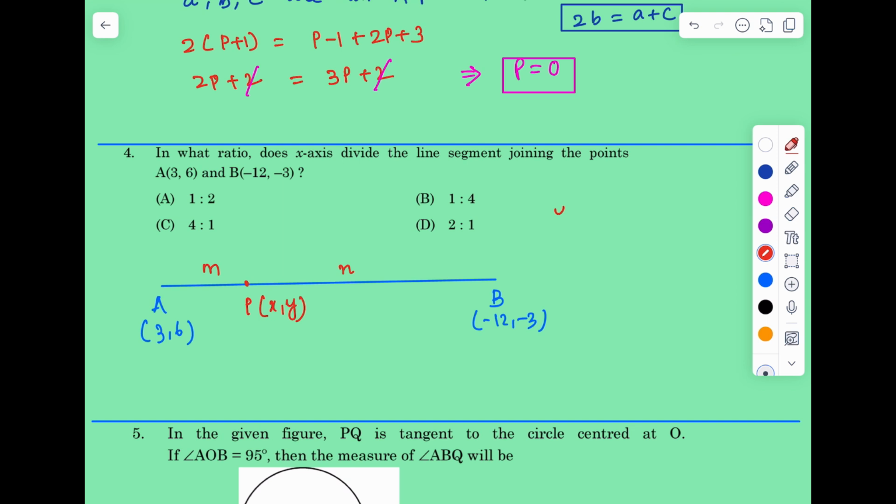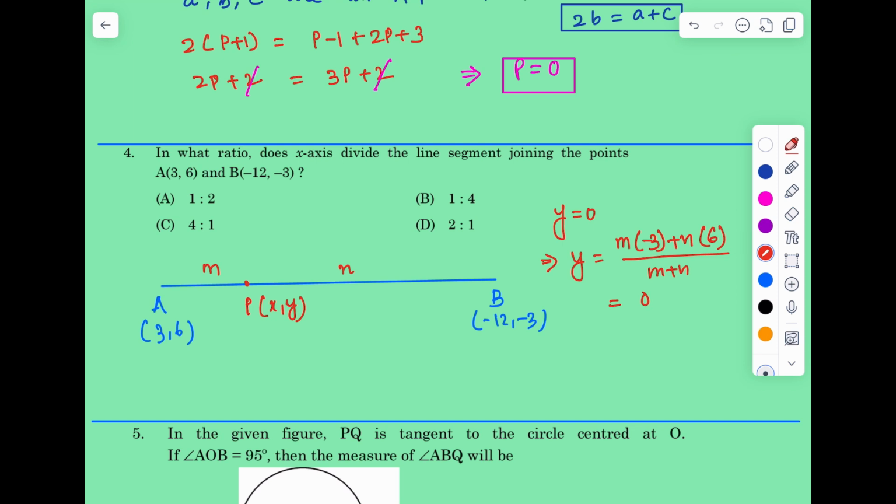How will we find y? y is equal to m into y2, that is m into minus 3, plus n times 6, the y coordinates, divided by m plus n, which is equal to 0.